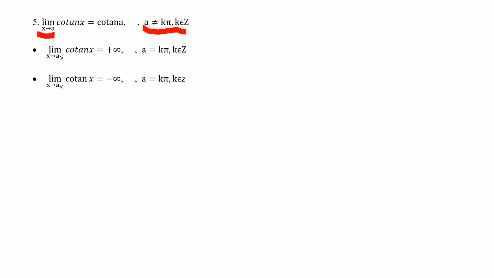But when a is equal to k pi, maybe take an example of a equal to pi when k is 1. When you find the cotan of pi, it will be a math error. That is to say, you're going to find the nature of the infinity. You study the sign of the left hand side and the right hand side.